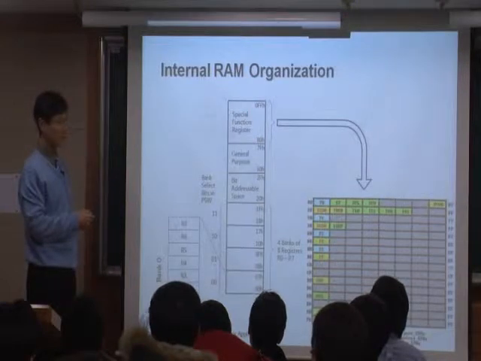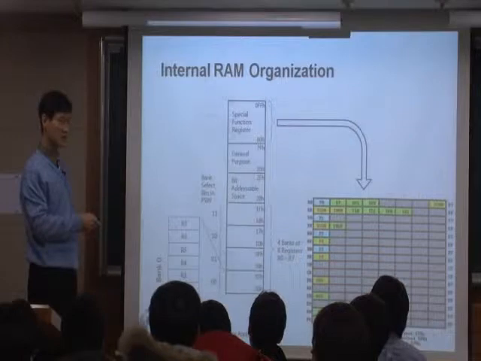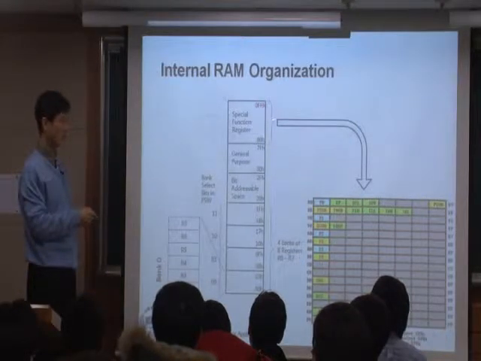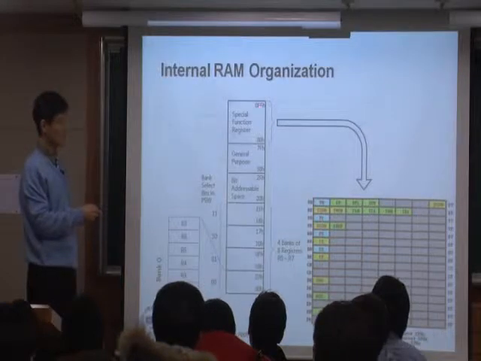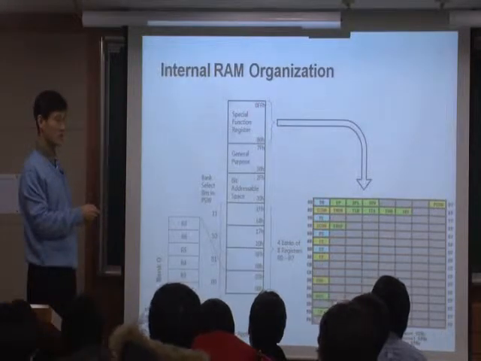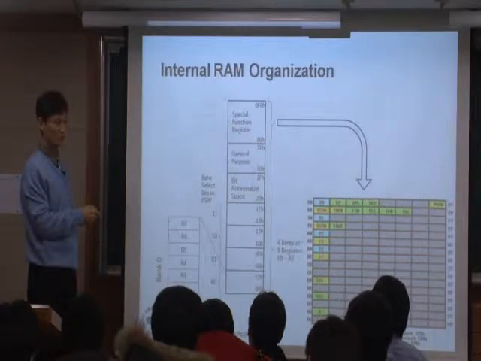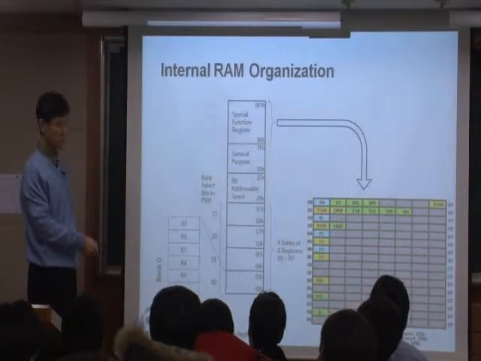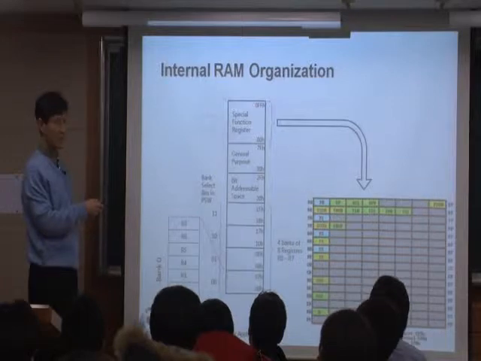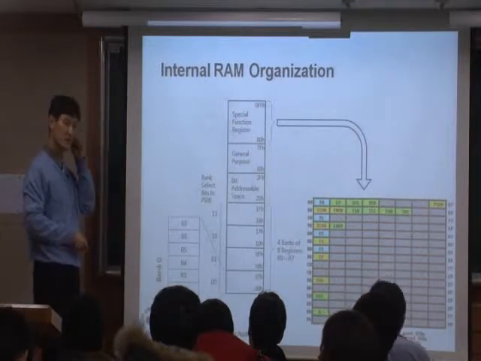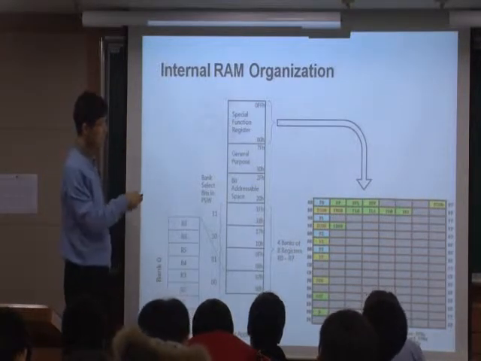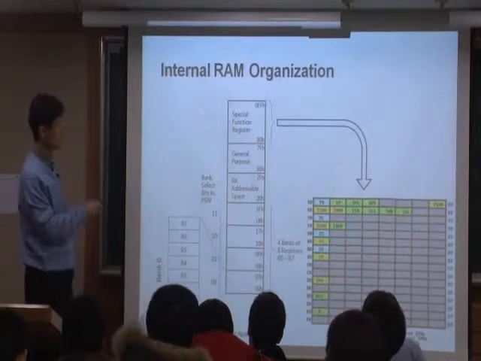What is FF? It's hexadecimal, 1111 1111, 8 ones. In decimal, that's 2 to the 8 minus 1, which is 255. So we start from 0 to 255, and the whole thing is 256 bytes of internal RAM.